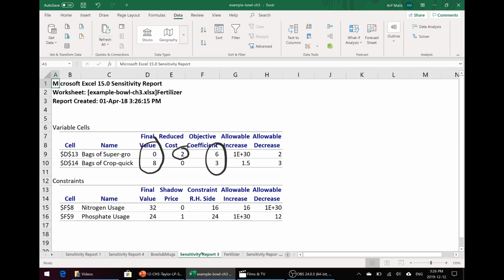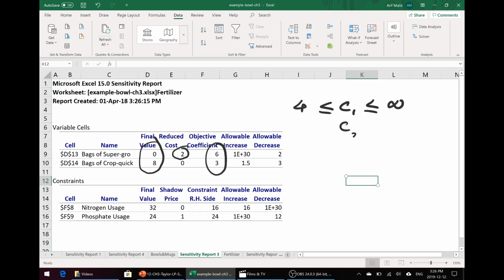We can write down the range of the coefficients. C1 is telling us that the allowable increase is up to infinity, 10 raised to the power 30, and it can be reduced to 4.